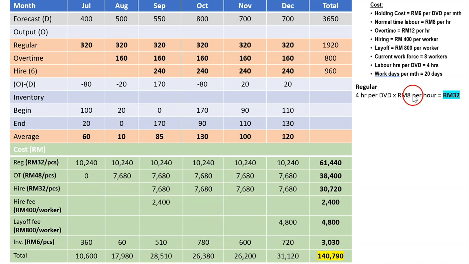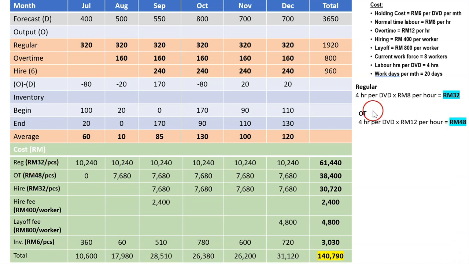So first we need to know how much is the cost for each piece of DVD. How to calculate? We know that 4 hours is needed to make 1 DVD, and the normal hour labor is RM 8 per hour. So 4 hours times 8 ringgit equal to 32 ringgit for each DVD. Since you have this information, you can put here 32 ringgit per piece.